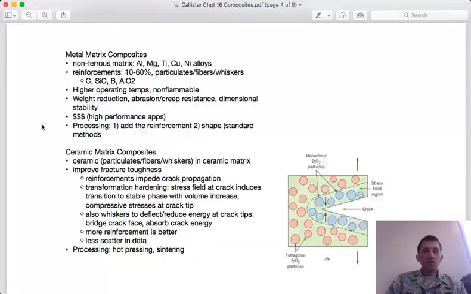Like we saw in the examples before, the reinforcements tend to take the form of particles, fibers, or whiskers of ceramic materials with a higher melting point, obviously, so that they don't melt themselves during the making of the material. So we're talking about carbon or various carbides or boron or alumina, right? All ceramic materials.